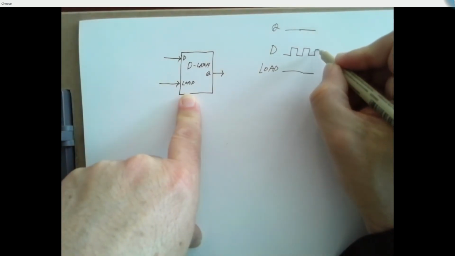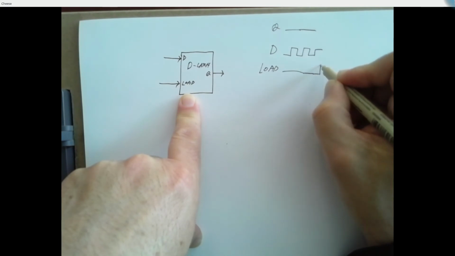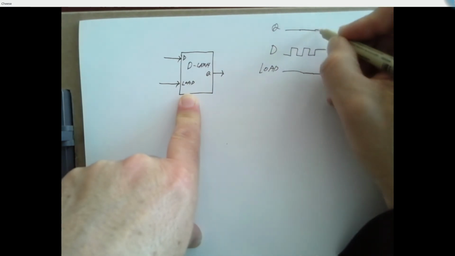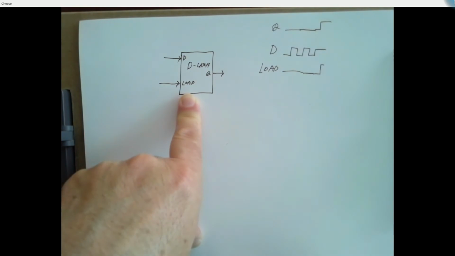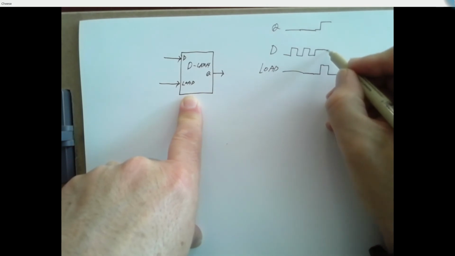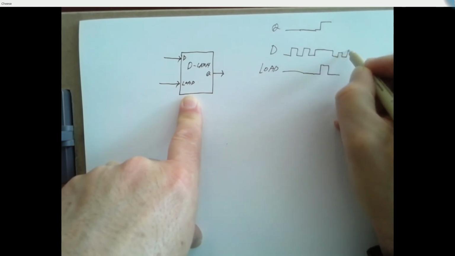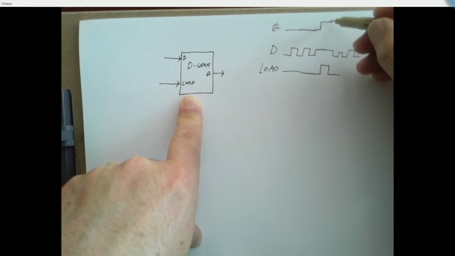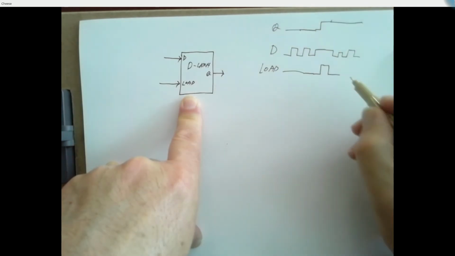Now if I set the D line high and I raise the load input, at that point, it starts remembering a 1. And now I drop the load input. And now I can go back to doing whatever I want on the D input, and it doesn't change anything.